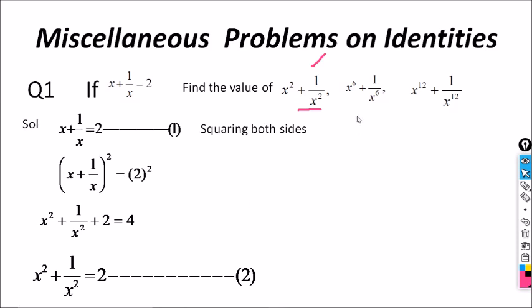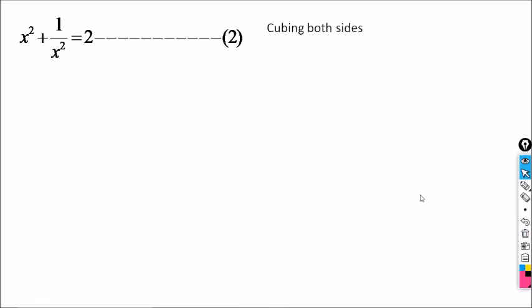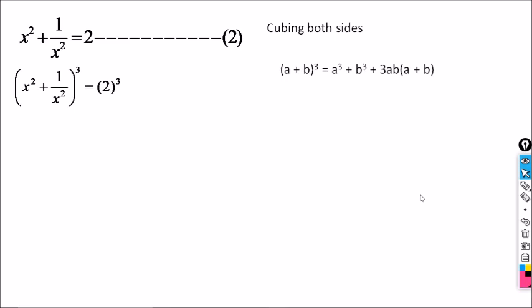Now for the second step, x^6 plus 1 upon x^6, we will do the cubing of equation number 2. So this is the next step where we perform the cubing of the second equation. By performing the cubing, we get (x square plus 1 upon x square) whole cube, and by using the identity (a plus b) whole cube, which is a cube plus b cube plus 3ab into (a plus b), we get x^6 plus 1 upon x^6 plus 3 times ab.